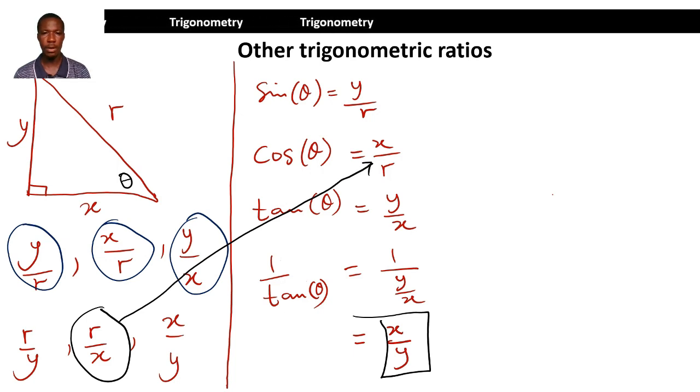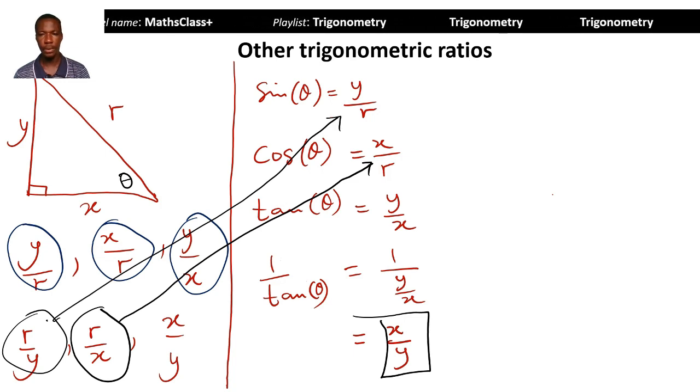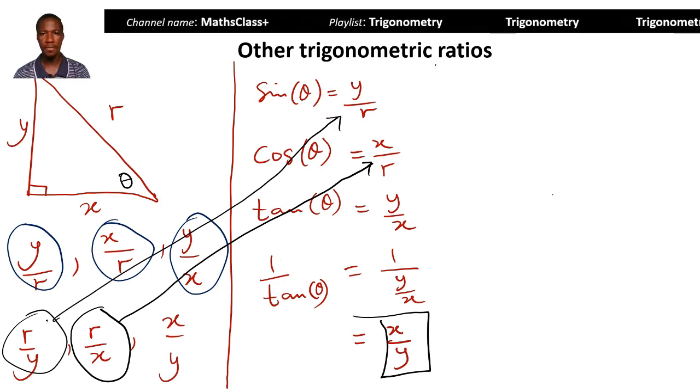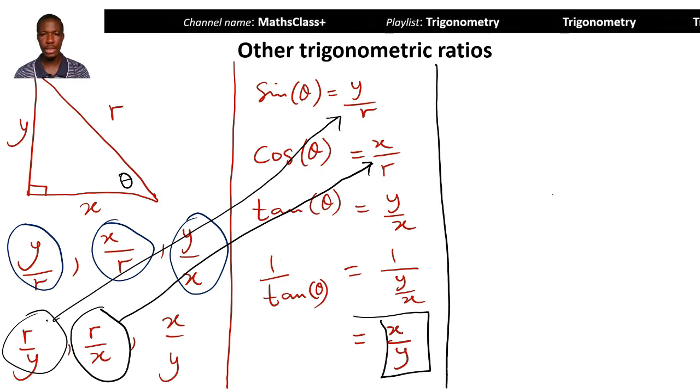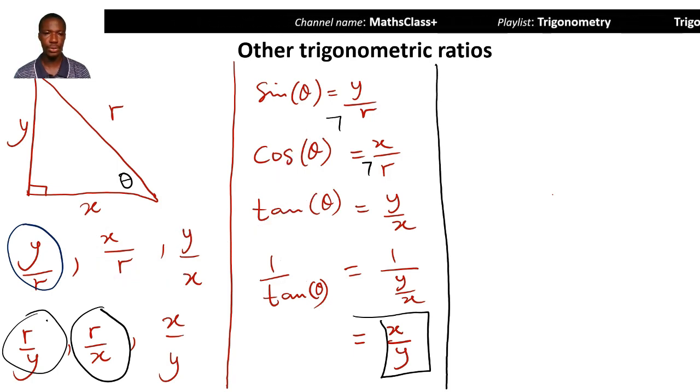That's the inverse of cosine. And then r over y is also the inverse of sine. Are we good? And so we have other trig ratios, and we normally call them the inverse trig ratios.